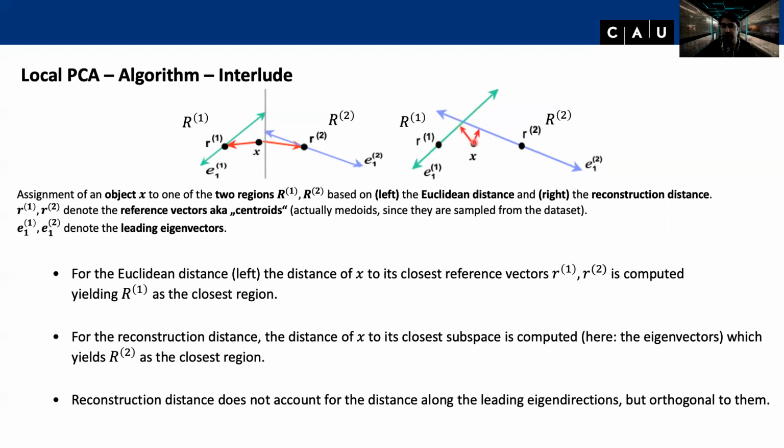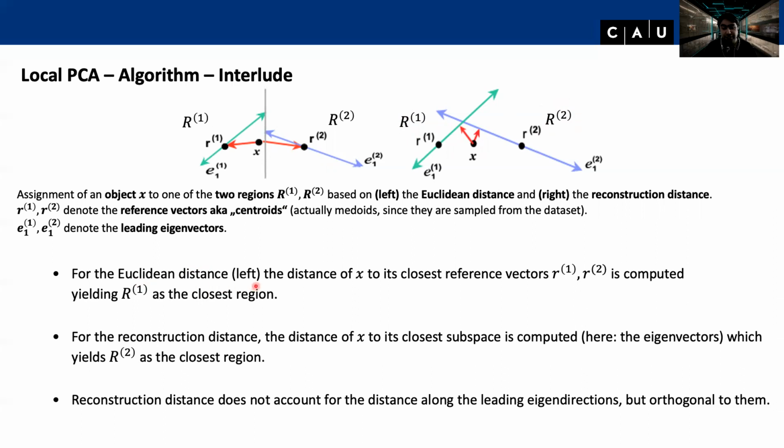Also here, we compute the distance orthogonal to the first principal component of region 2, while here this is the distance orthogonal of object x to E11, the subspace of region 1. And what we discover, in contrast to the left-hand side, is that x is way closer to region 2 than to the cluster of region 1.